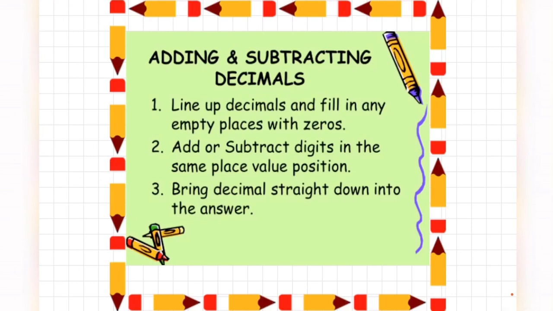Let's focus on 3 basic rules. Number 1, we need to line up decimals and fill in any empty places with zeros. Number 2, we are going to add or subtract digits in the same place value position. And 3, we have to bring the decimal straight down into the answer.